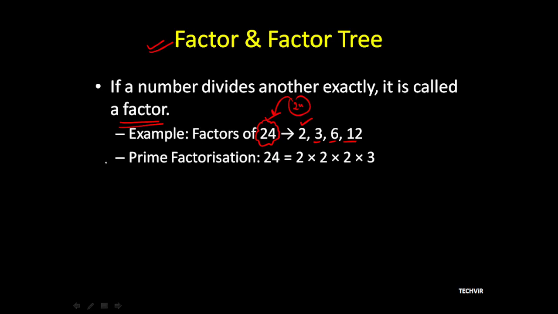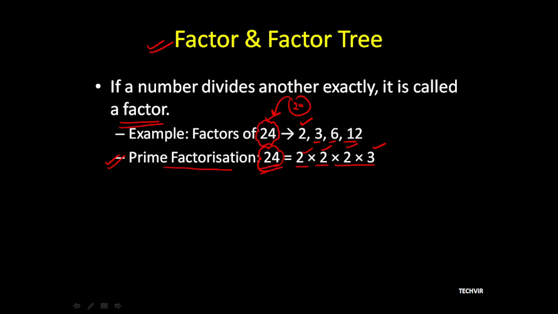What do you mean by prime factorization? If we convert all the factors in terms of prime numbers, then the factorization of that particular number is known as prime factorization. Here you can see that the factors which we have written for this 24 are all prime numbers. 2 is a prime number, 3 is a prime number. So this factorization of 24 is known as prime factorization.